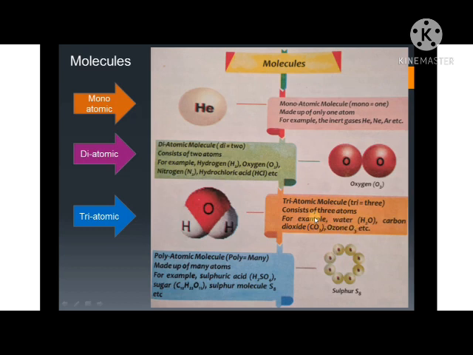The other one is the polyatomic molecule, meaning many atoms combine with each other to make a stable combination. For example, sugar, sulfuric acid, and the sulfur molecule S8. This is the S8 structure.